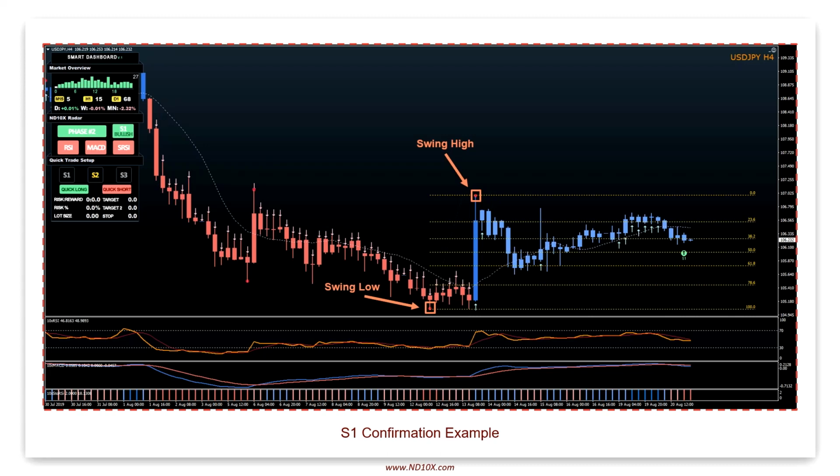And we are going to look if that dot appeared between that 23.6% range, so minimum accepted Fib level, and 78.6%. In this case, our S1 dot appeared around 38.2%. So everything looks perfect and we can proceed.